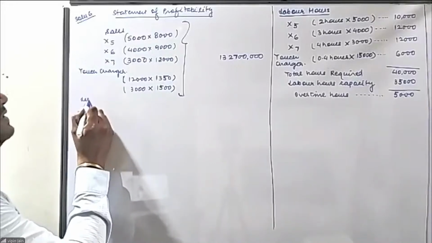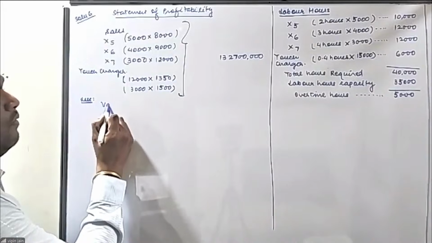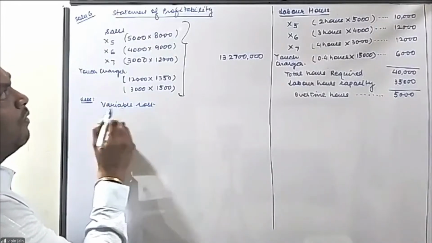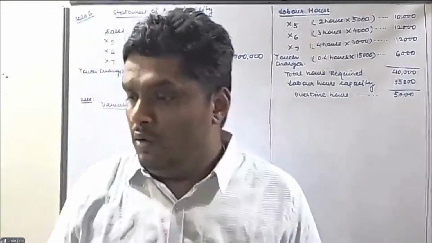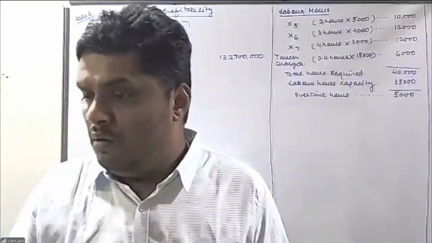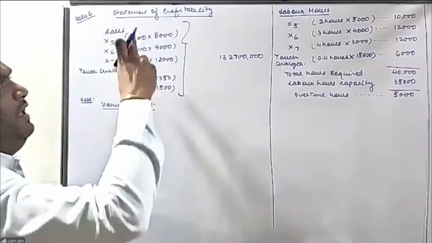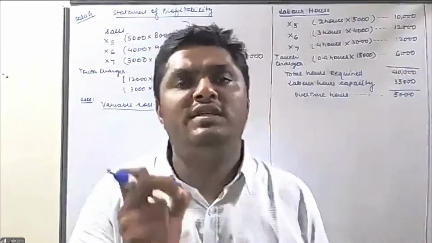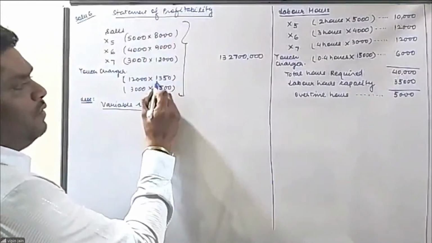Now less, we will subtract the variable cost. Srinivas, see, the question is saying that if you purchase charger along with mobile phone, we will get 10% discount.